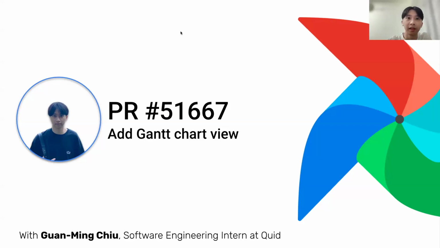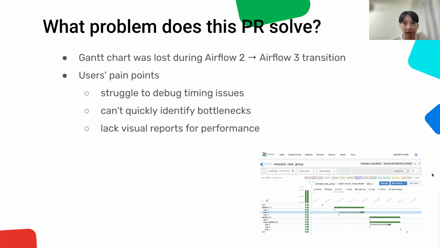So hi everyone. My name is Guanming Chu. I'm from Taiwan, and today I'll go through my PR 51776, which adds back the Gantt chart view. So the problem we are solving here is really simple. When Airflow moved from version 2 to version 3, the Gantt chart was lost. That turned out to be a big issue.